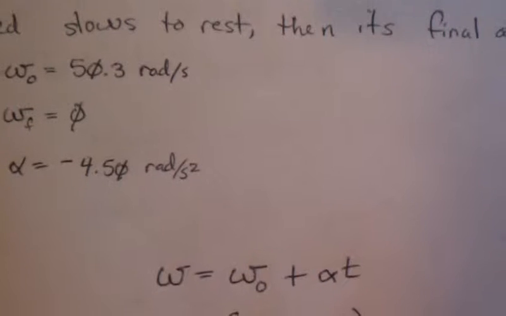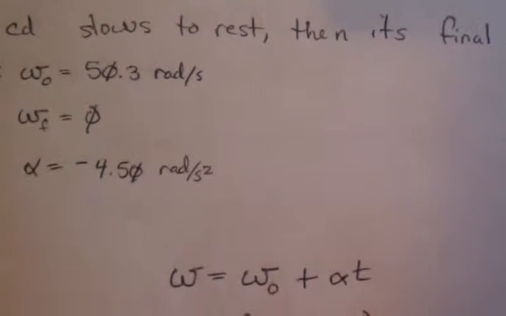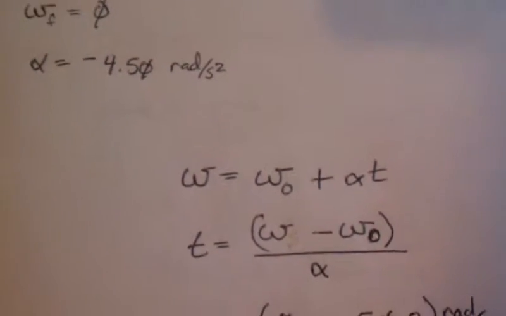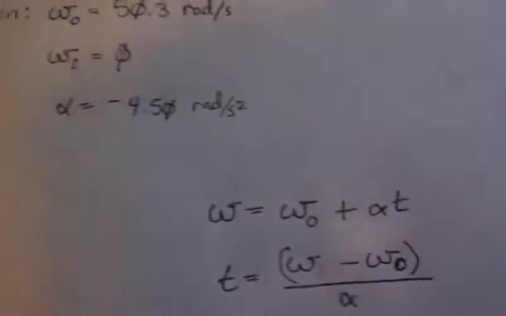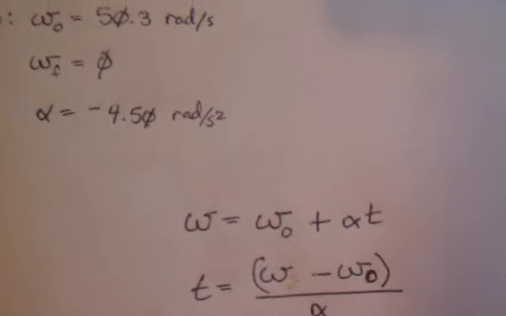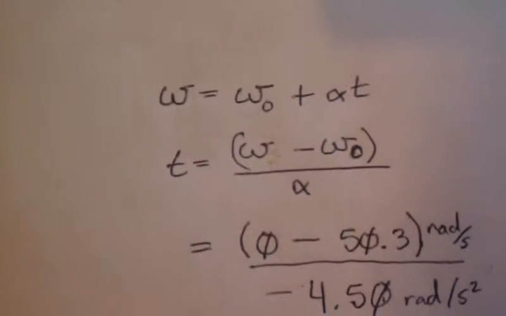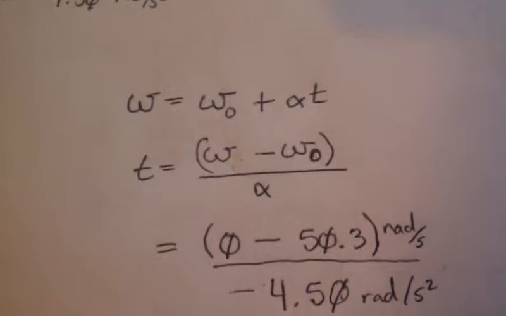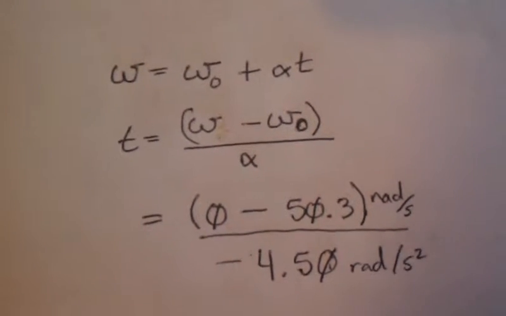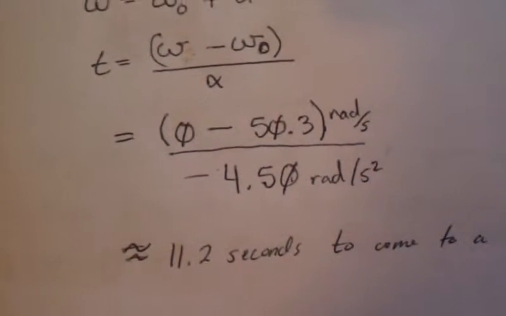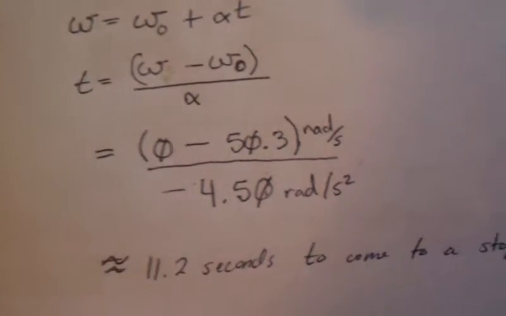And we'll use the following equation: omega equals omega original plus alpha times time. And we solve for time, so it's going to be omega final minus omega original over alpha, or 0 minus 50.3 rads per second divided by negative 4.5 rads per second squared, and that leaves us with about 11.2 seconds to come to a stop.